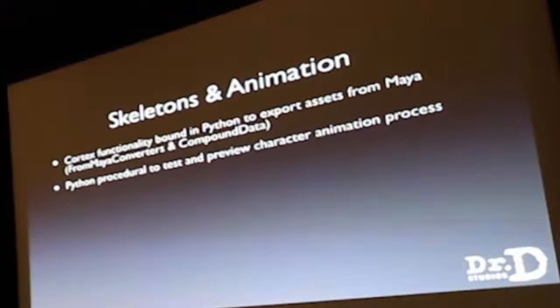So what we did, we initially just used the existing Cortex functionality and exported the data from Maya, where we had our initial assets, into a compound data structure, which is basically a hierarchical data structure that you can assemble at runtime in C++ or in Python. That is a very handy container that you can use to build any sort of data structure that you want, and very handy for prototyping. And then we just used a Python procedural to test and preview our character animation process.